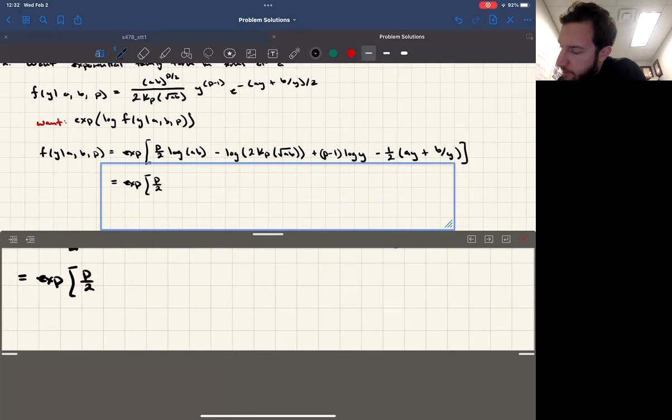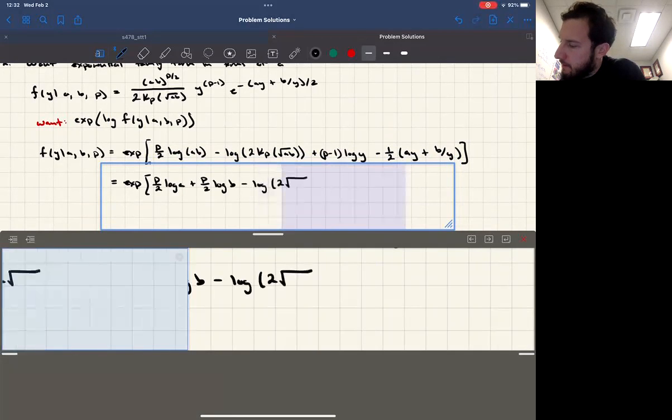So here we'll have P over 2 log A plus P over 2 log B. There's nothing we can do with this part.